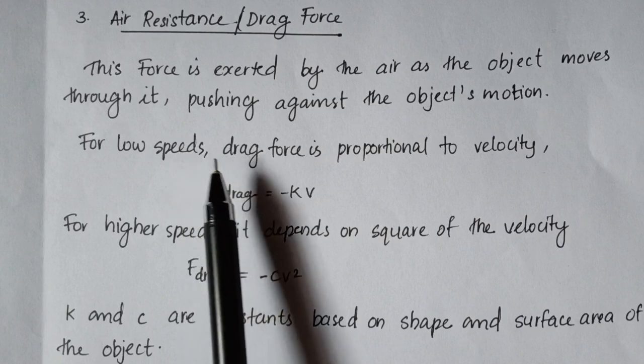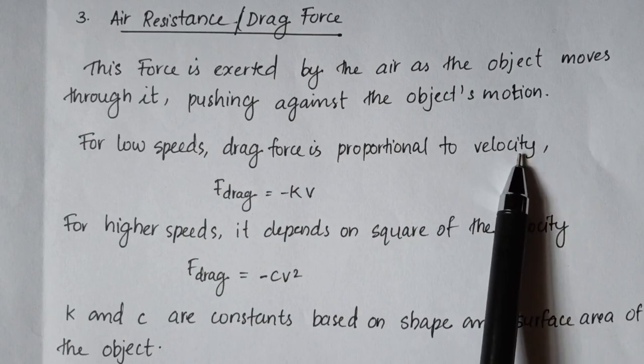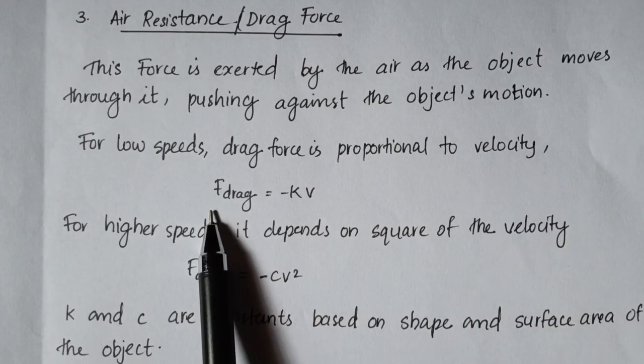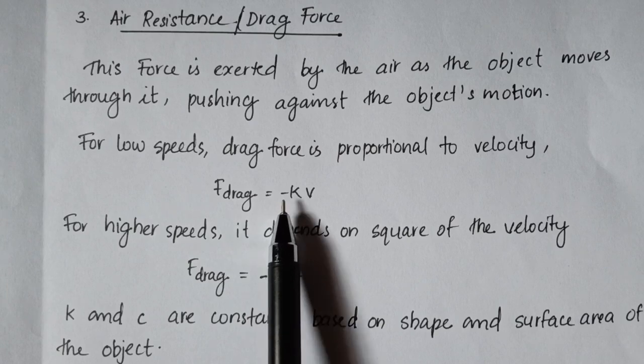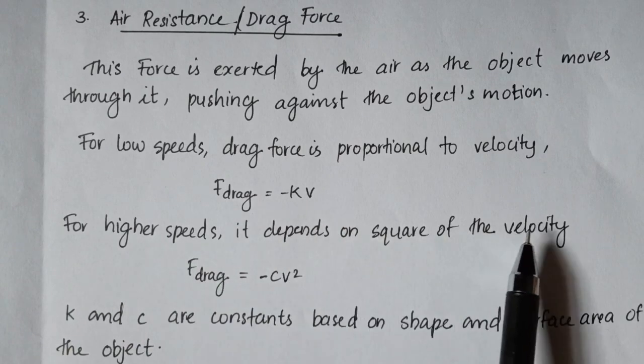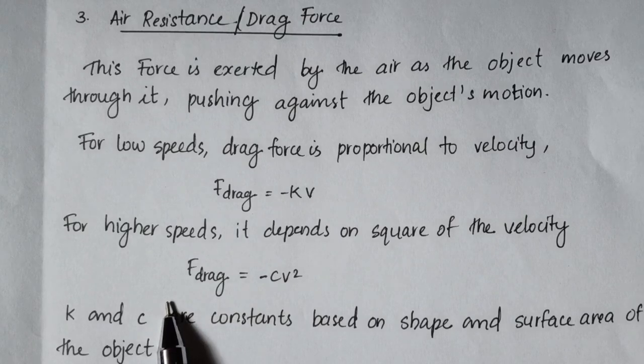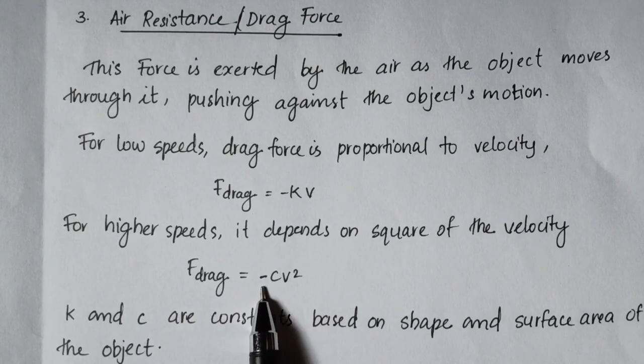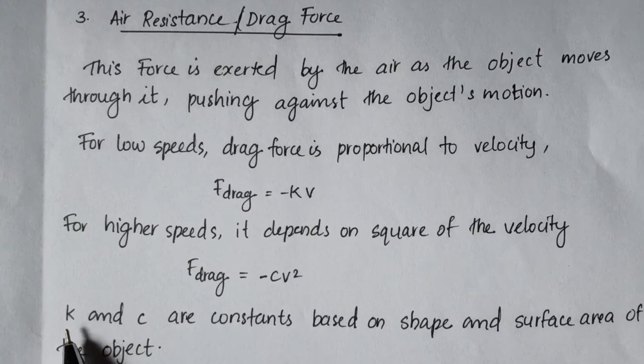For lower speeds, drag force is proportional to velocity, which can be represented as F_drag = -kv. And for higher speeds, it depends upon the square of velocity, which can be represented as F_drag = -cv², where both k and c are constants based on shape and surface area of the object.